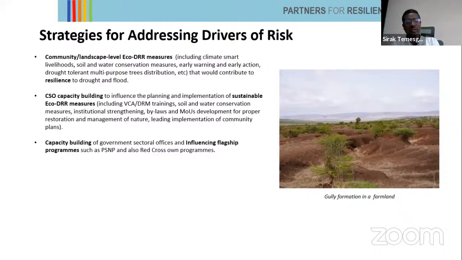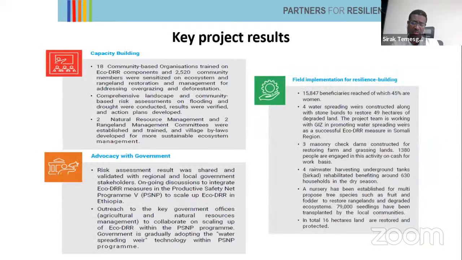The third strategy is capacity building of government stakeholders and influencing critical big flagship programs like the Productive Safety Net Program in Ethiopia. Even within the Red Cross, there are many new initiatives coming up, and we try to influence those programs too.